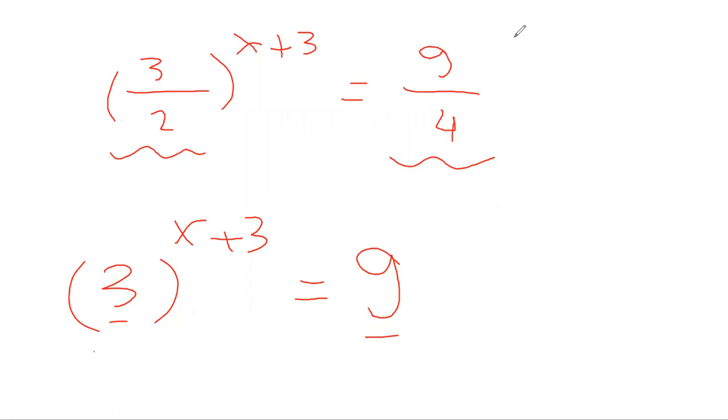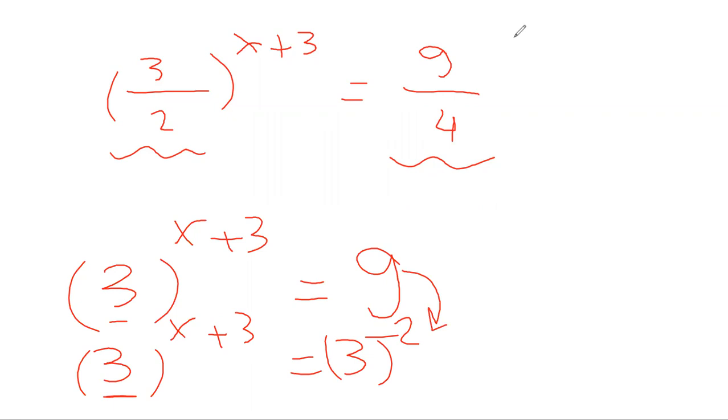So I remove the 9 and instead of it I make the bases equal. So I make it 3 power of 2. I didn't change the number, 9 is exactly equal to 3 power 2. So what I have done is that I want to make the bases equal. So it is 3 and 3.